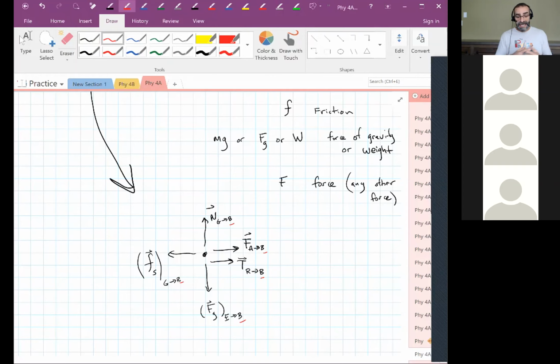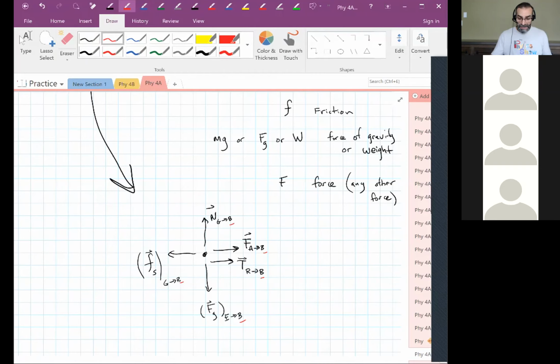Otherwise, you're going to think they're the same. So anytime I only have one of something, I just leave it that way. But if there's more than one, if there are two tensions, or two gravitational forces, or two normal forces, or more, then I put subscripts on them so I know which one is which. That's my rule of thumb.